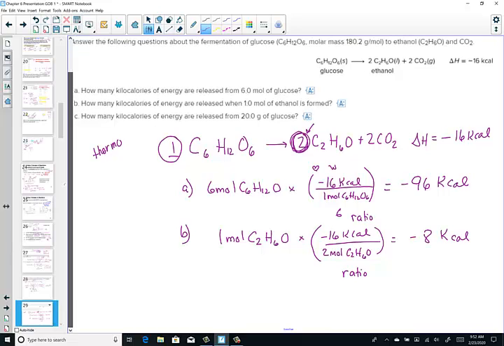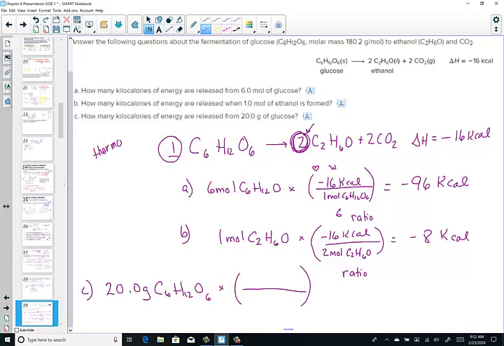How about letter C? I'm going to give myself more room. This is 20 grams of glucose. And we want to know kilocalories. So that means we have to get into the mole first. So step 1, we divide by molar mass. Then we can ratio. So I've got to go to work and find the molar mass of C6H12O6.